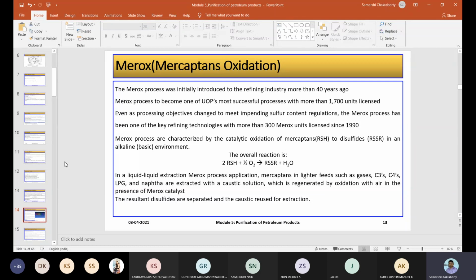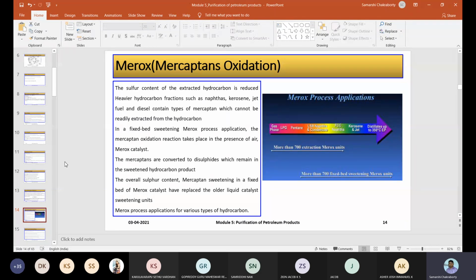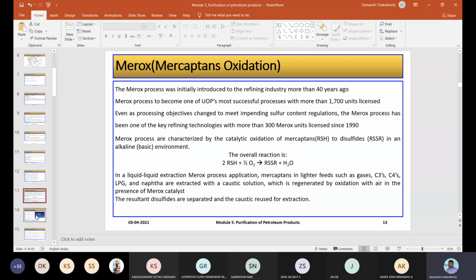So it involves two processes. First, in the basic atmosphere of caustic soda, you take out your mercaptan, then you oxidize it, form disulfide, separate the disulfide, and then regenerate the caustic soda for reutilization.